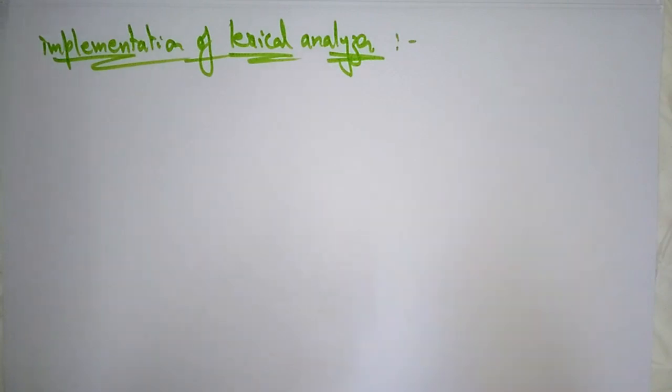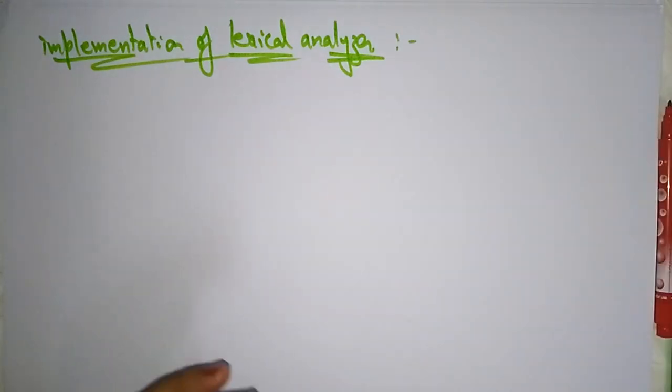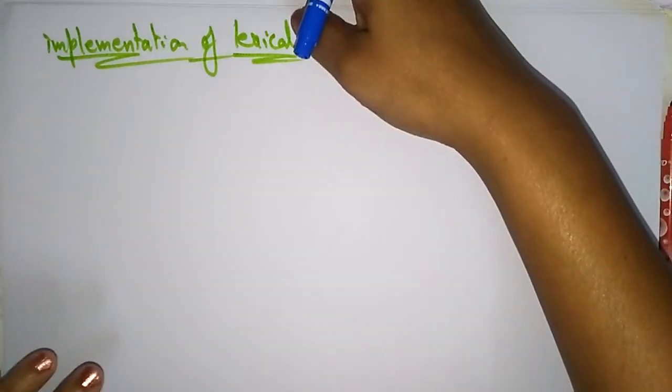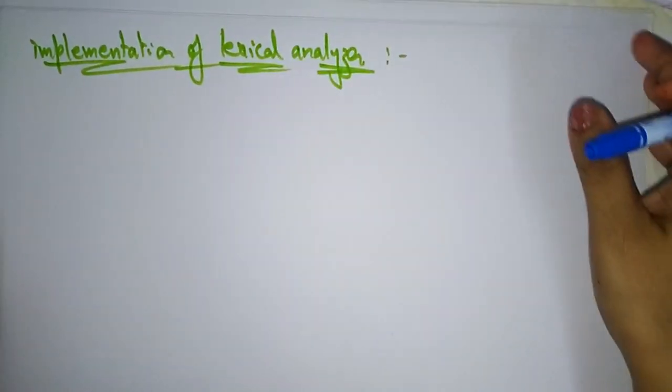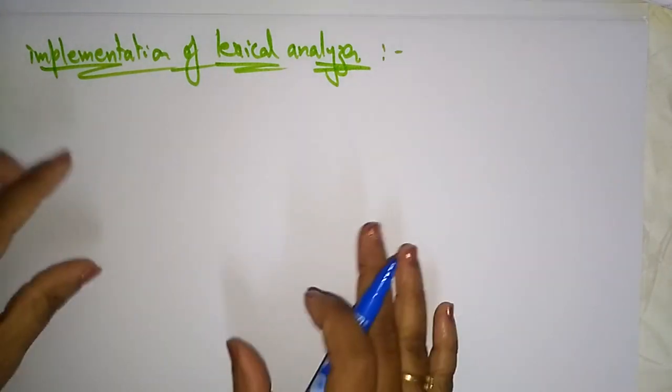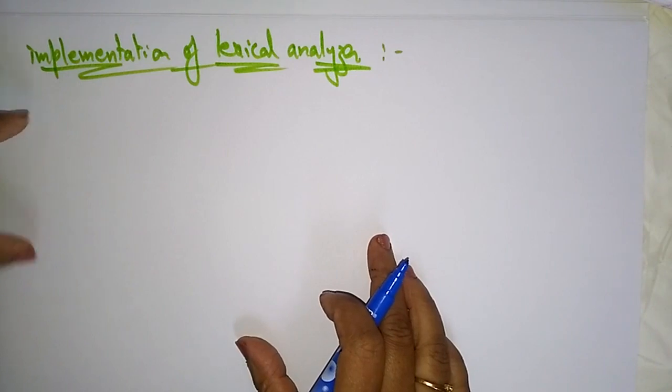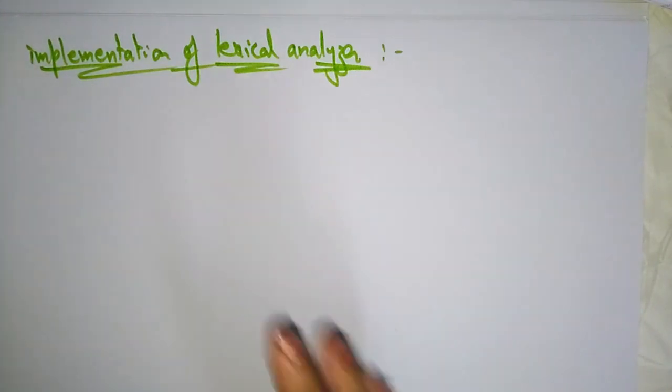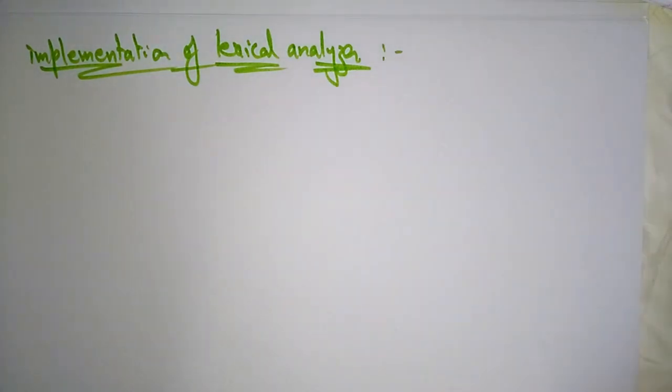Before explaining each tool, with the help of which the lexical analyzer and the parser are implemented, let me take a simple example of the internal process, how it is converted into tokens. It just takes the source code and converts it into tokens. Let's see how it does that.